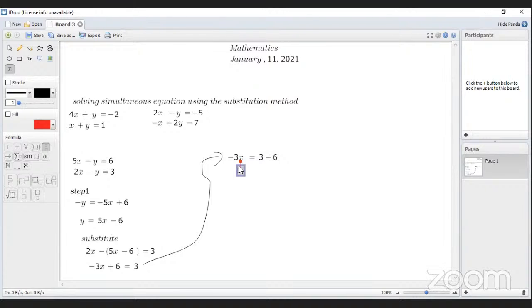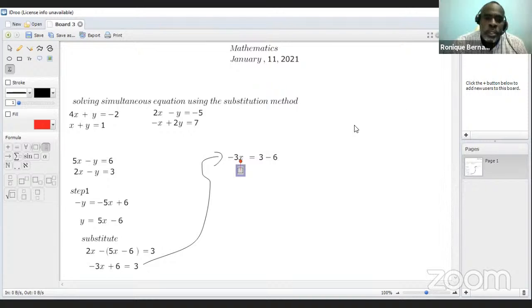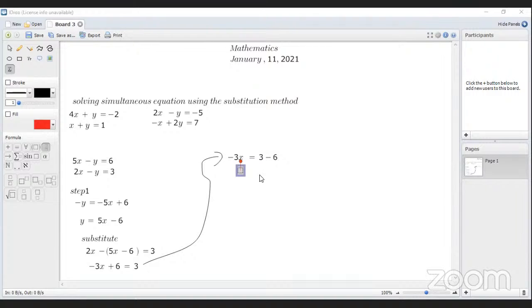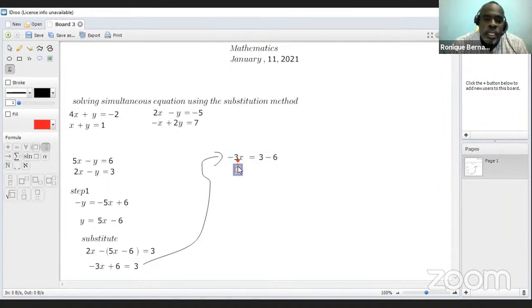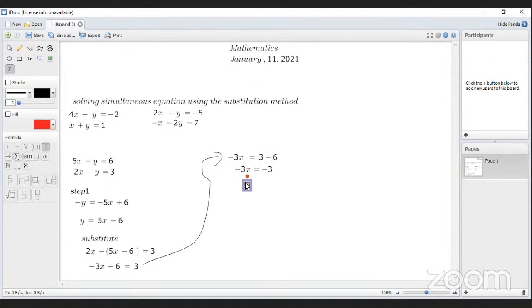So you would have negative 3x equal to negative 3. Okay. So what is x equal to here then? x equals 1. Positive 1.